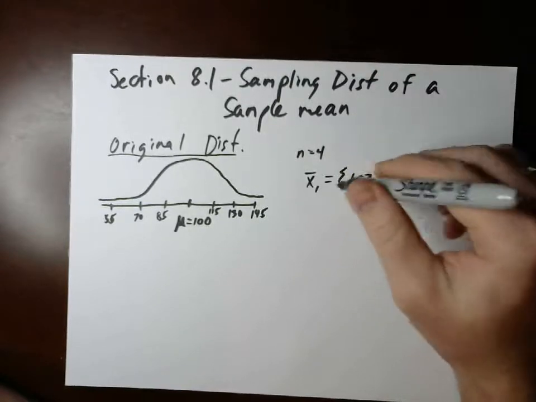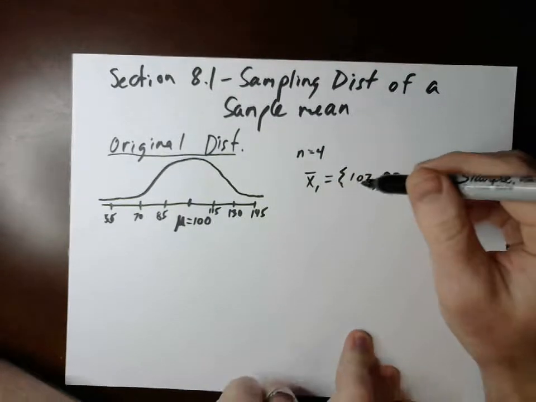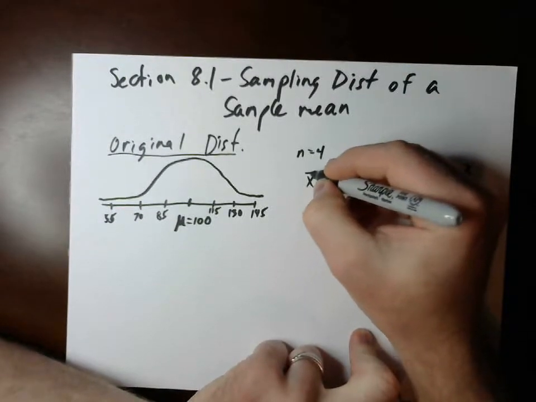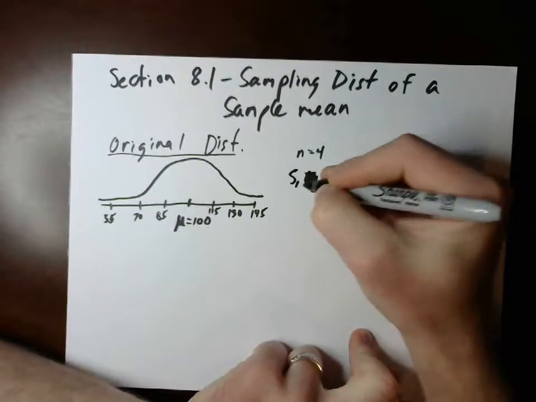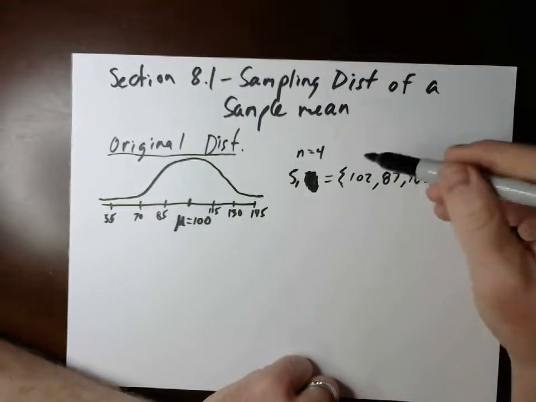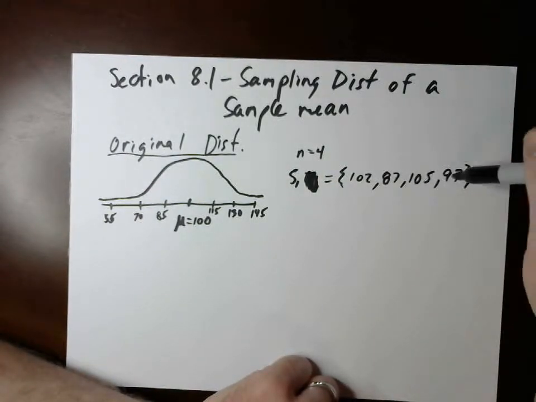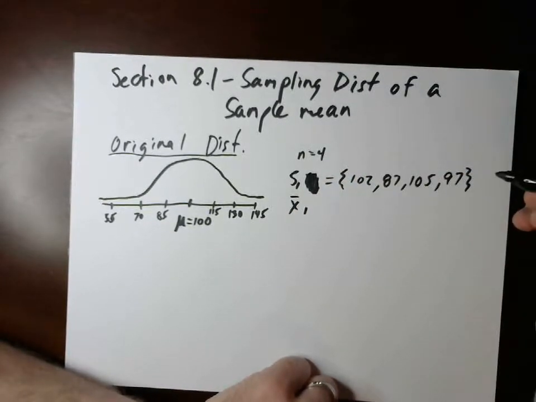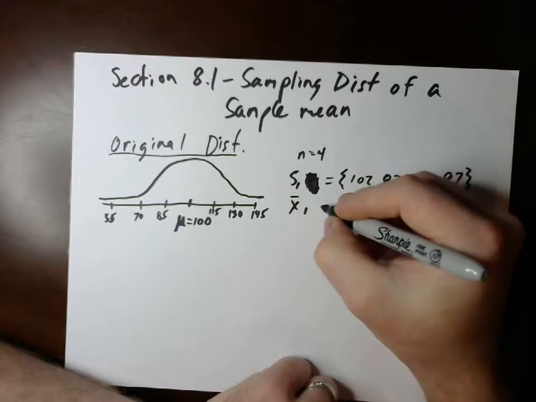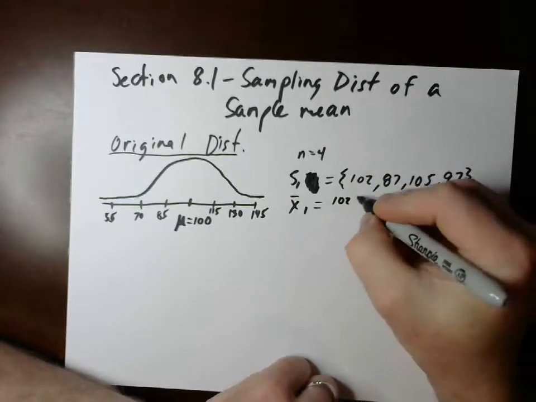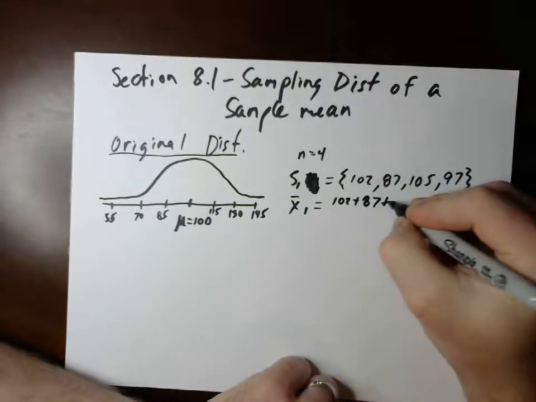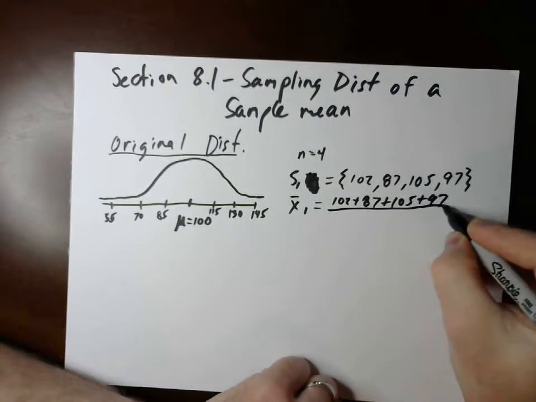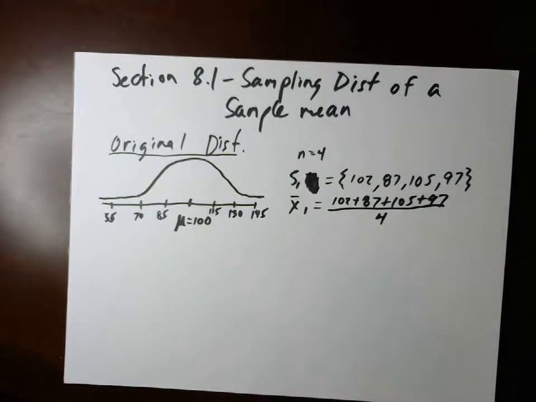To be more exact, let's call this sample 1, S1. Sample 1 contains 4 different values, and then x bar 1 would be the average of those 4 values. In this case, that would be 102 plus 87 plus 105 plus 97, divided by 4.